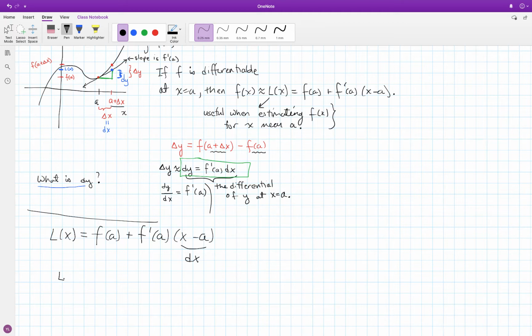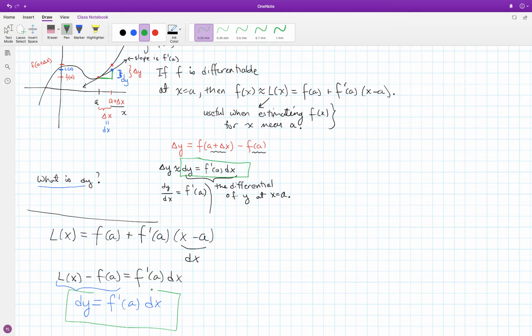So if I subtract f of a from both sides, okay, and I've made the observation that this x minus a is really dx, and now further observe that this quantity right here is simply dy, then I'm getting from the linearization expression the differential expression that I have derived above.